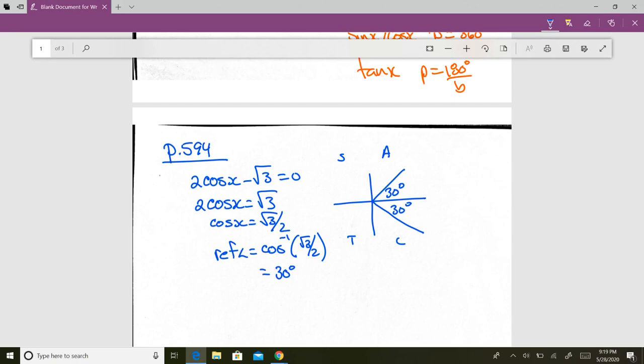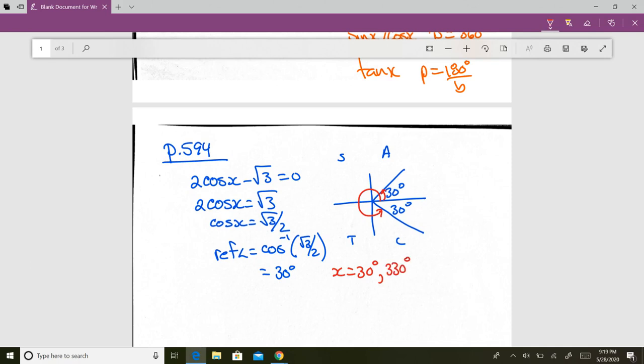Okay, so what is our rotation? Well, if I start here, that's 30 degrees. So our first answer is x is equal to 30. Our second answer, what does it take to go all the way to there? It's 330.